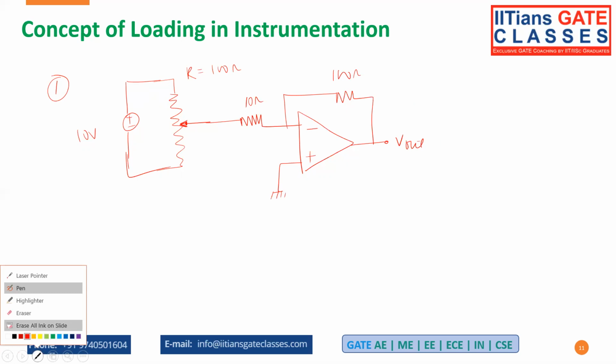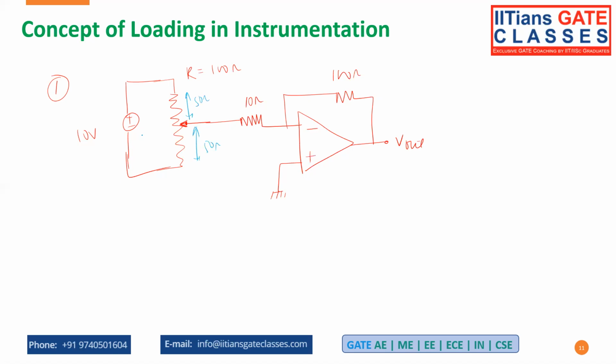So I am trying to solve this. Let's say we don't know anything about the concept of loading. In that case, how can we solve this? You know that when it is connected midway, the resistance is 50 ohms on each side. If this 10 volt is there, what could be the output voltage here?